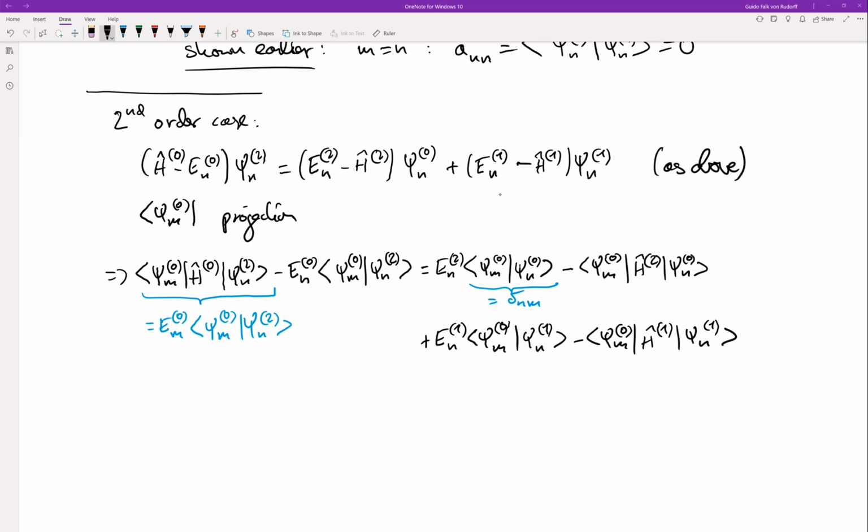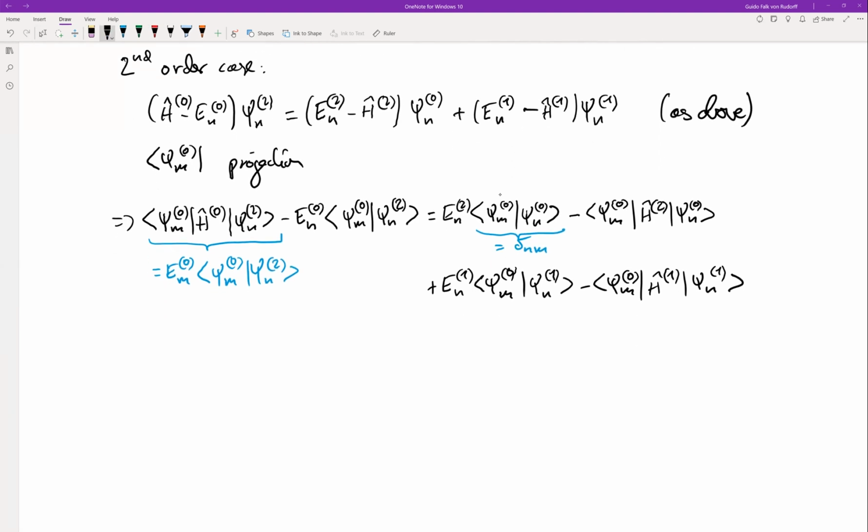So if we use that, then we can group terms, because in this one here and this one, they are the same. So this can be grouped. So let's do that so it becomes clearer.